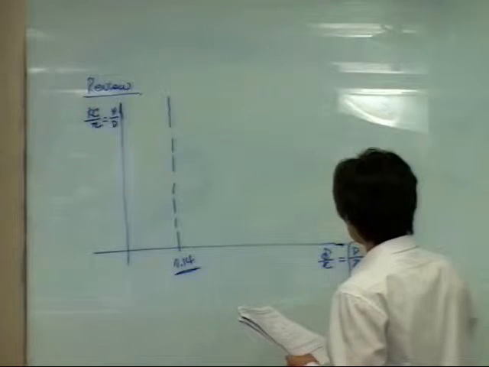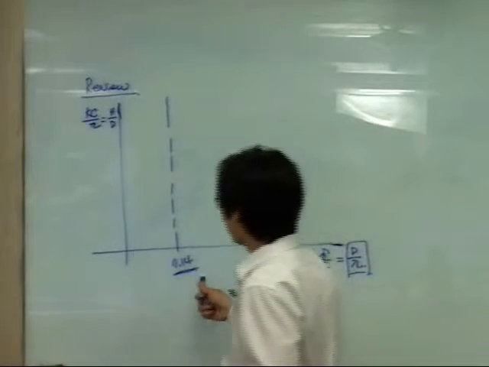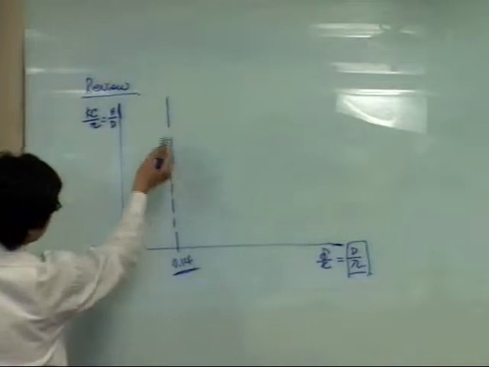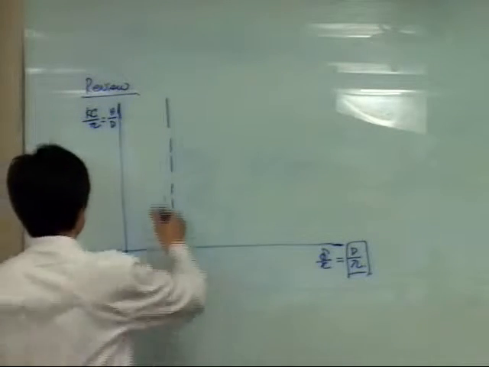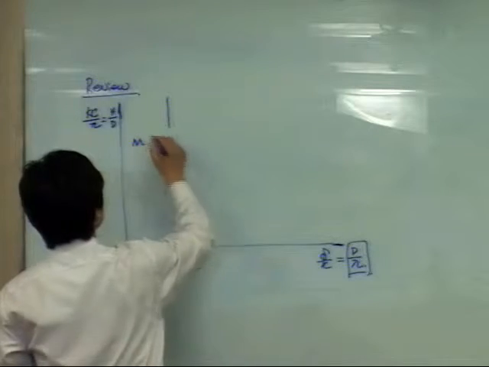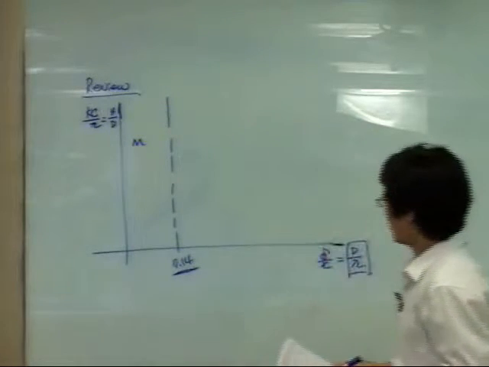That's d over lambda less than 0.04. In this region, we can use Morrison equation.